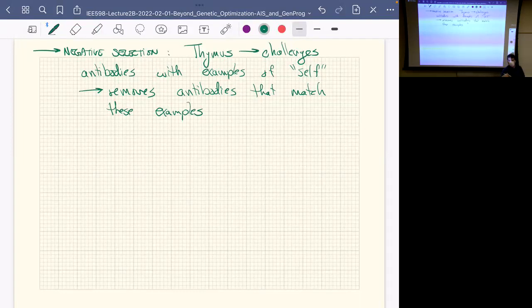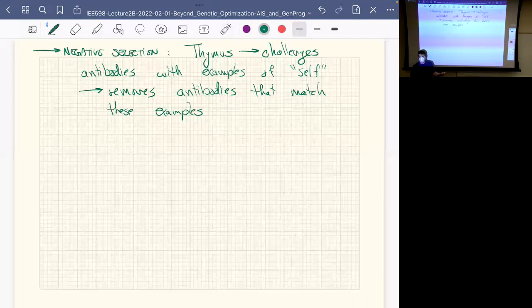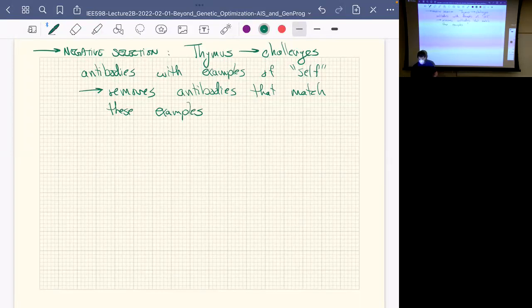This isn't perfect, so there are peripheral mechanisms away from the thymus that continue to tune these, but most of them get caught in the thymus, stripped out, and discarded. That's what negative selection is inspired by: this process in the thymus of presenting exemplars of self, getting rid of anything that matches them, and then deploying anything that's left over.